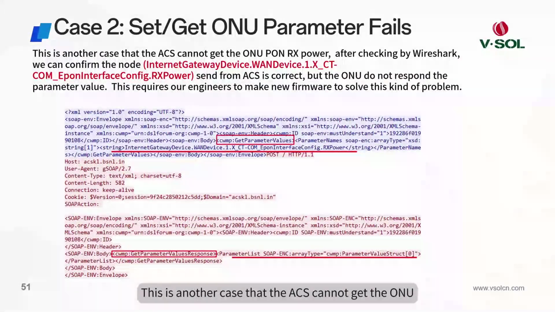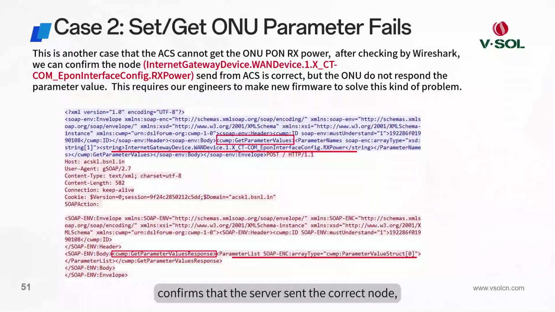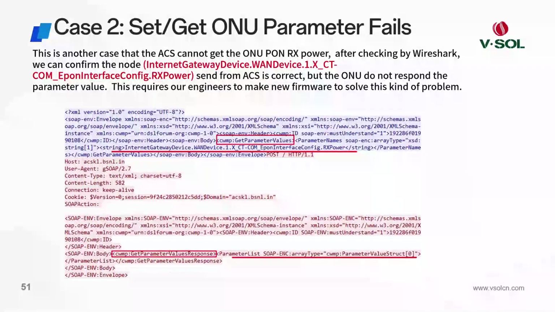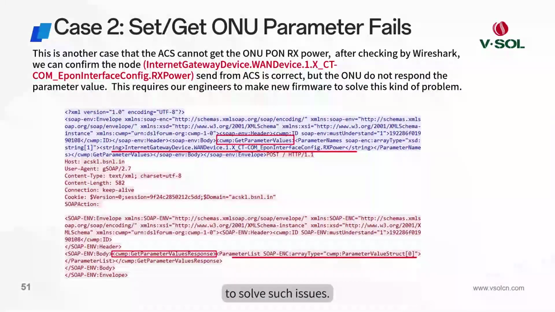This is another case where the ACS cannot get the ONU PON RX power, checked by Wireshark. If the VSOL technical supporter confirms that the server sent the correct node, but the ONU does not respond with the parameter value, this requires VSOL engineers to release new firmware to solve such issues.